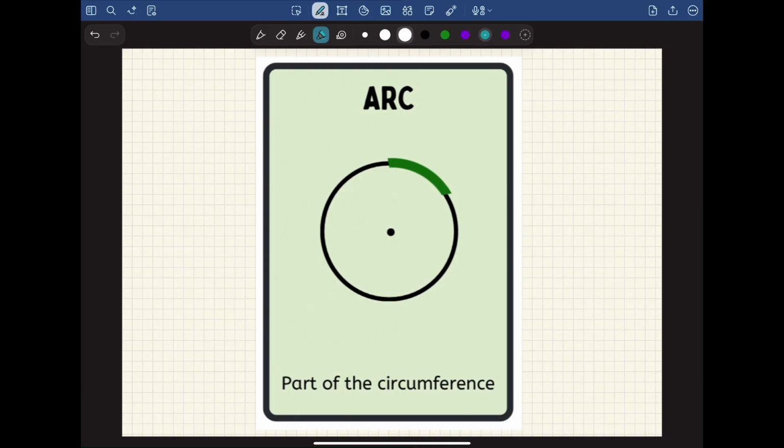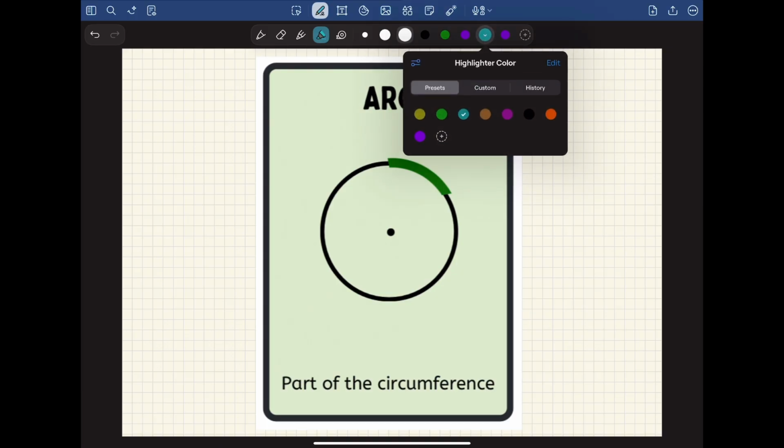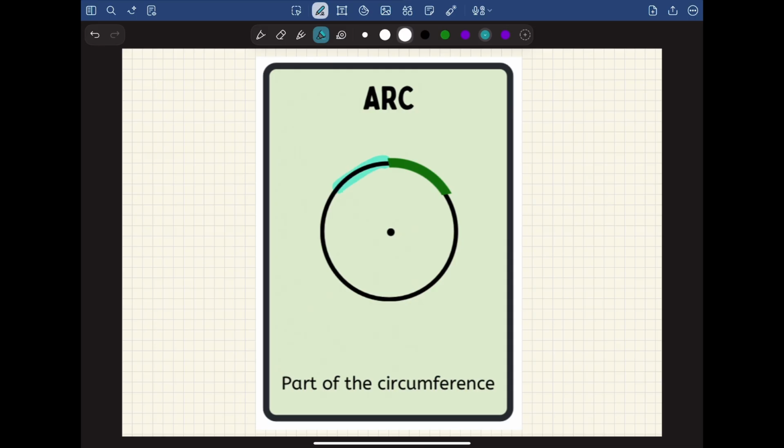The green one is one arc and this blue one is the second arc, right? The green one, because it is smaller in size, is classified as the minor arc. And the blue one is classified as the major arc.